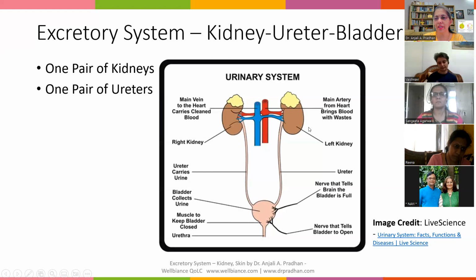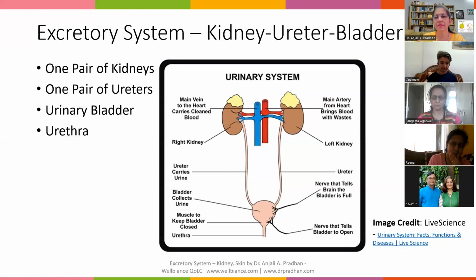One pair of kidneys, one pair of ureters, one bladder, and then one urethra. Okay, so mainly it consists of kidneys, ureters, bladder, and urethra.